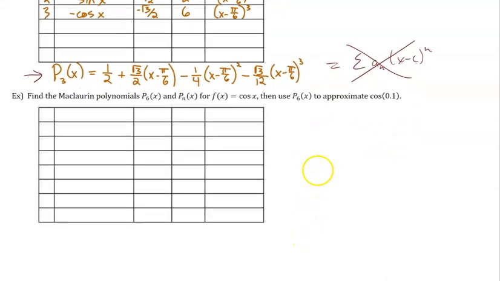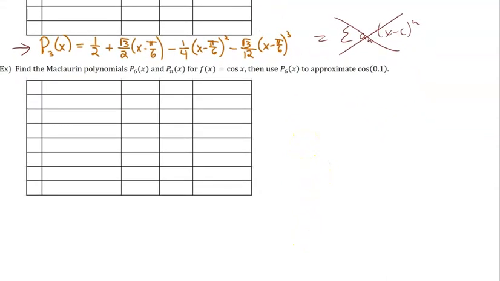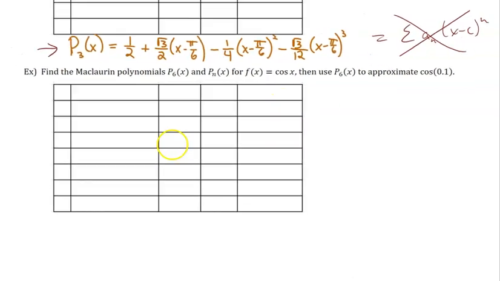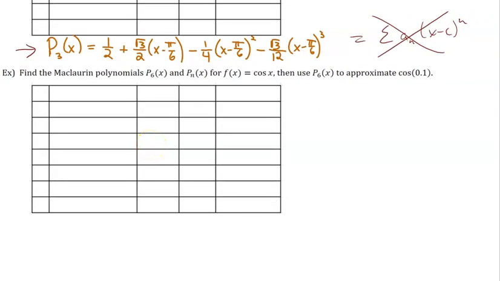Okay, then let's go through this one together. So here we're looking for the Maclaurin polynomials, and here we are going to do an nth degree polynomial as well as the degree 6 polynomial, and then we will use it to approximate cosine of 0.1. Maclaurin series means that we are centered at 0. So filling out my chart, 1, 2, 3, we need to go up to degree 6.